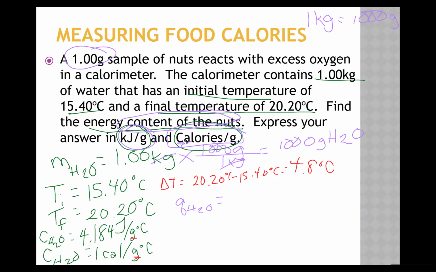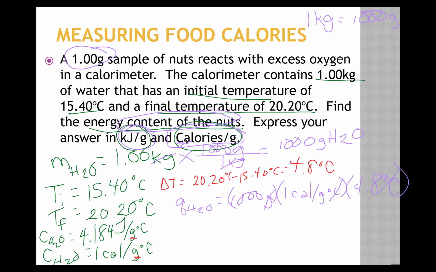So Q of the water is equal to the mass of the water, which is 1,000 grams, times 1 calorie per gram degrees Celsius, times 4.8 degrees Celsius.